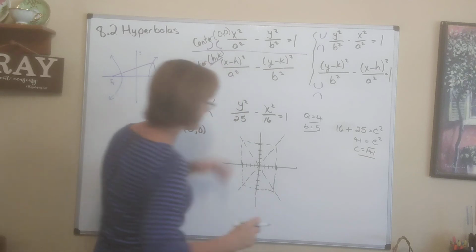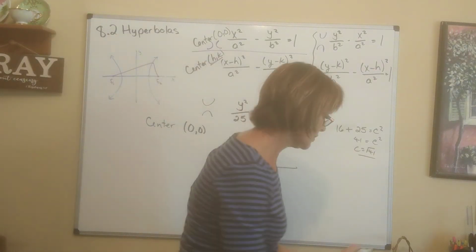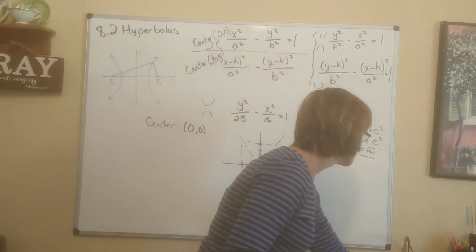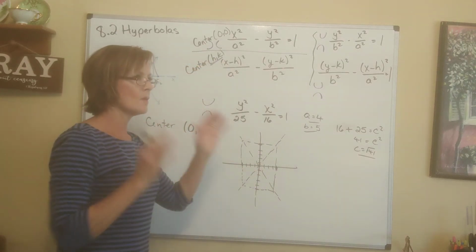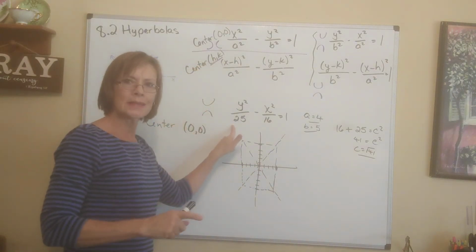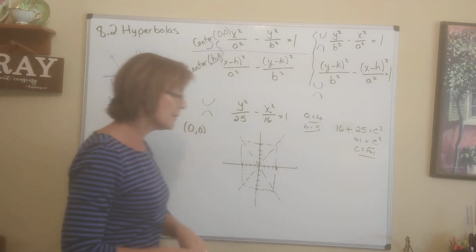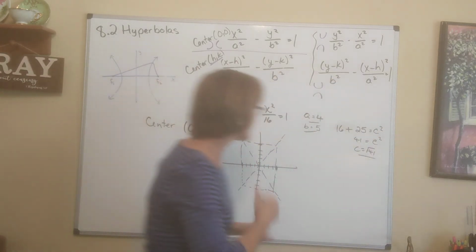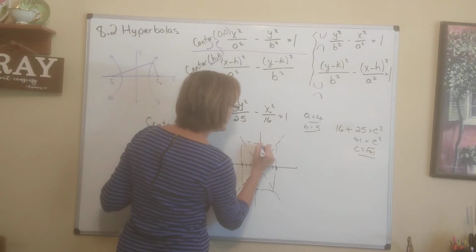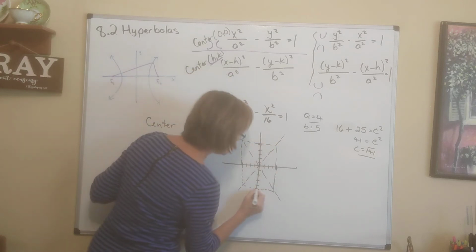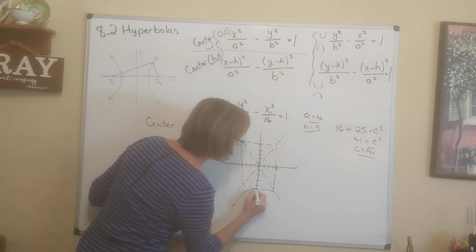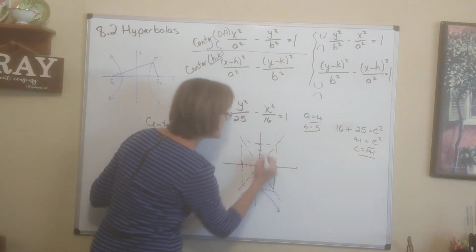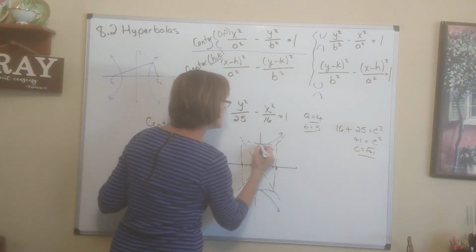Now I have to begin to draw in my actual curve. The hyperbola will be facing up and down. Why? Because y was leading. So this is a point on my curve, and this is a point on my curve, and it will follow these asymptotes.